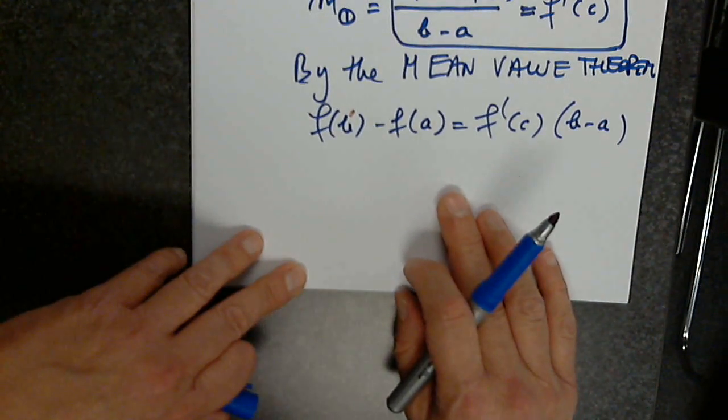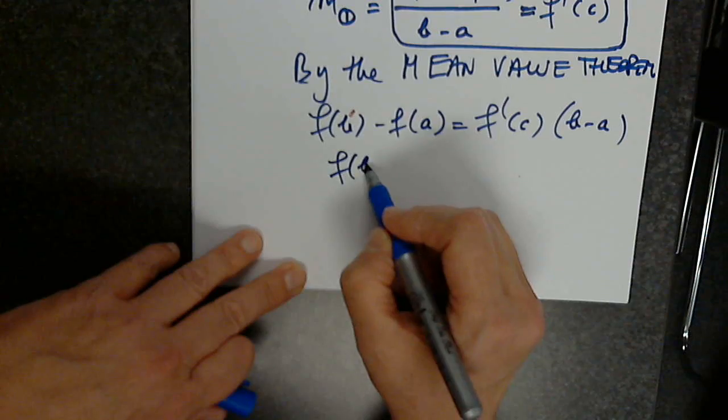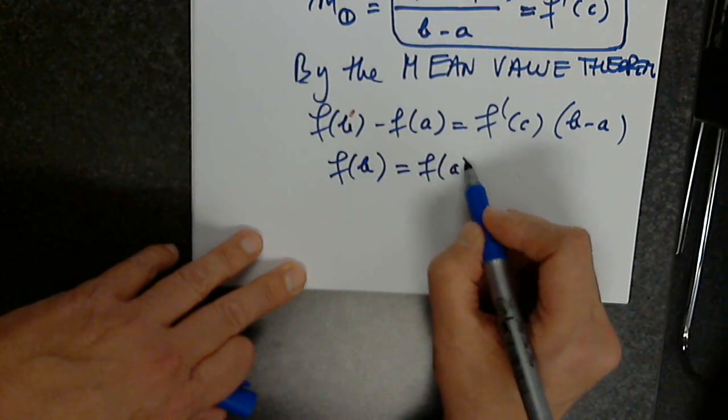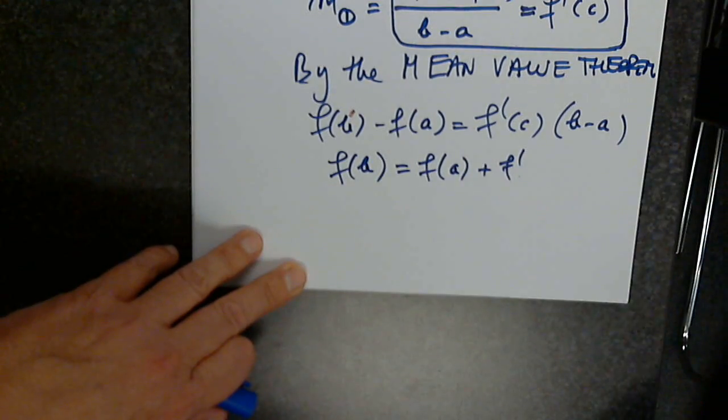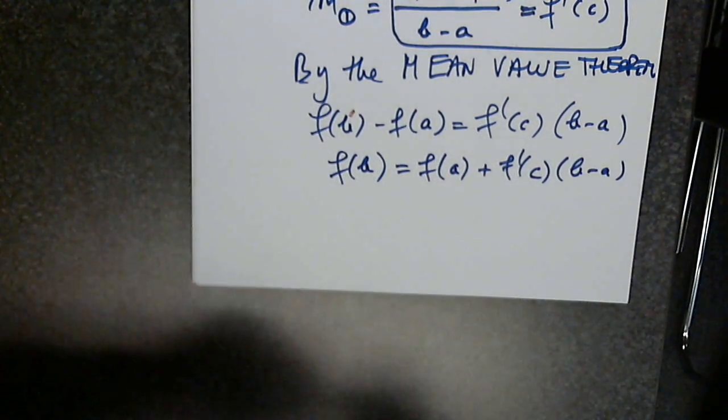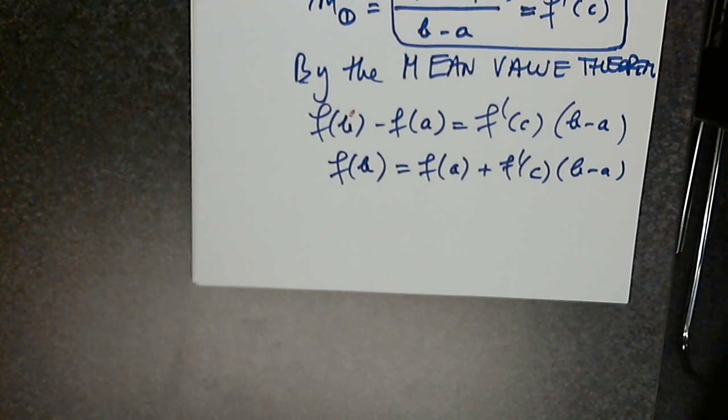And I know you know this. If I move f of a to the other side, do you remember this? The linearization. Exactly. Very similar, right? It's all the same.